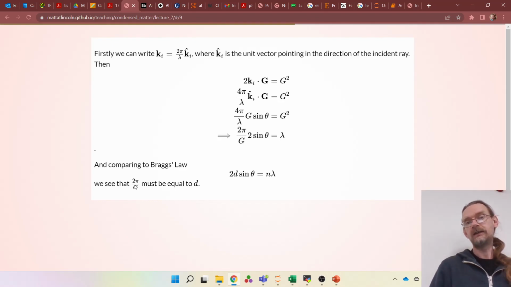And if we rearranged it for sine theta, we would be able to predict the different angles we would expect to see scattering. So we could have essentially sine theta equals n lambda over 2d. Right.